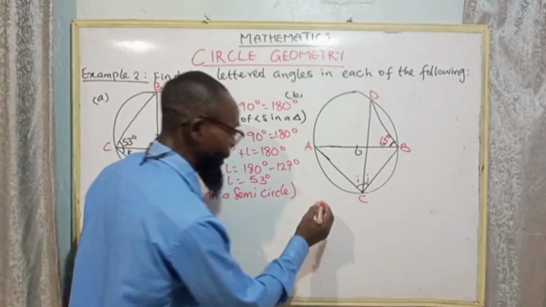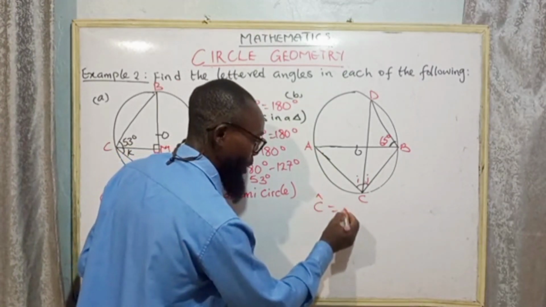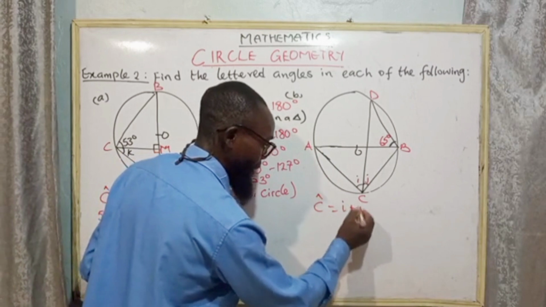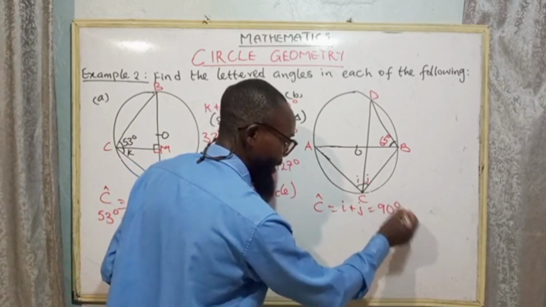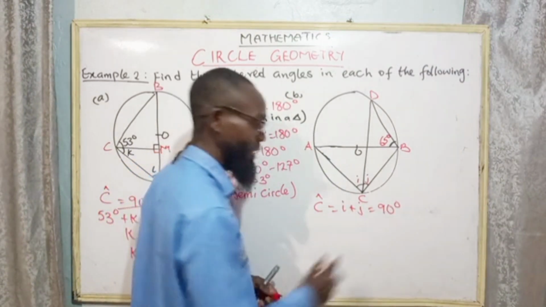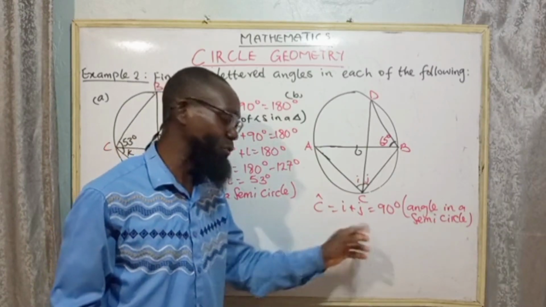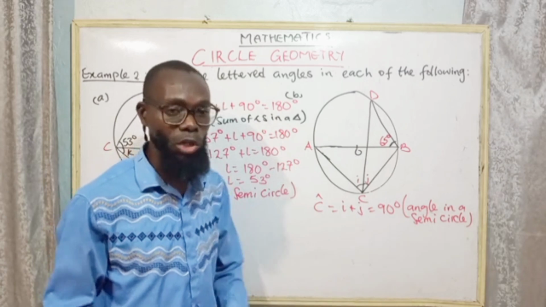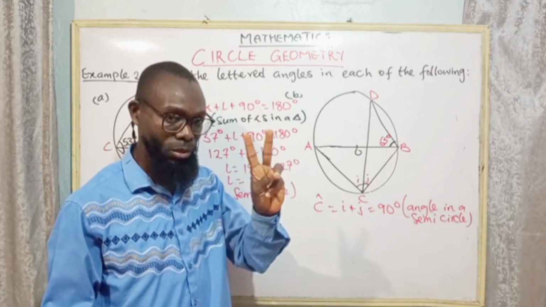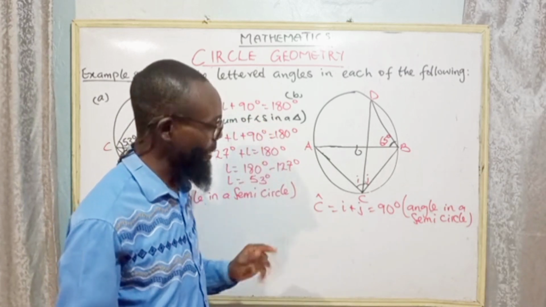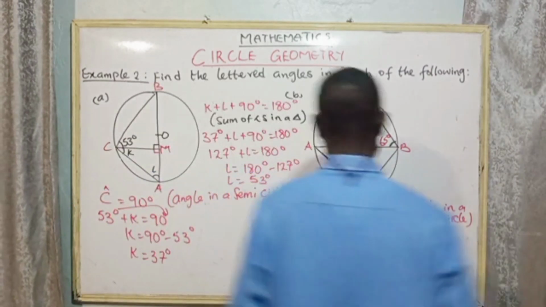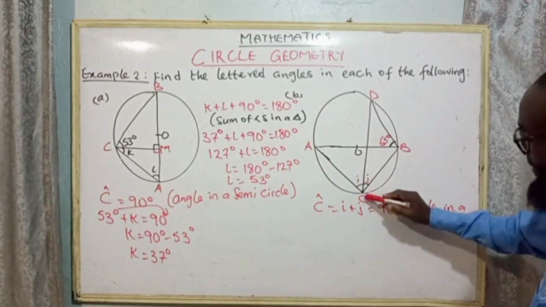Now, this angle C here equals I plus J equals what? 90 degrees. Reason: angle in a semicircle. But I don't have the value of I, I don't have the value of J. It's not possible for us to be looking for two values. So in this case, let me consider this line CB.